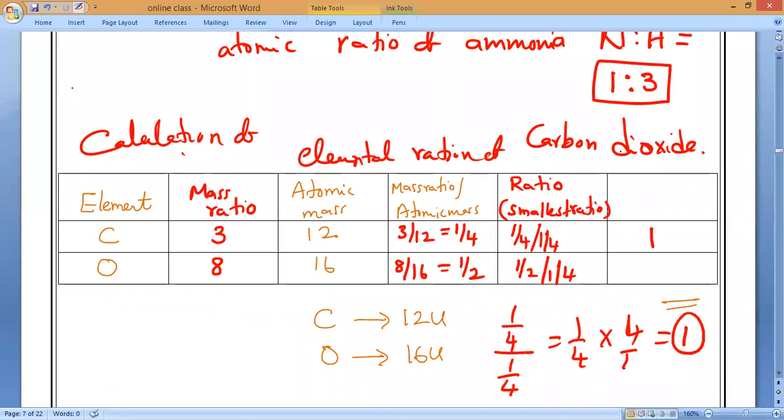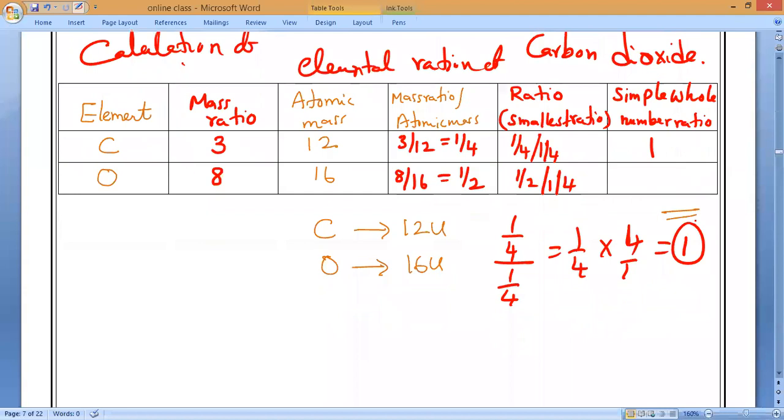So 1 will come. So the simple whole number ratio. Okay. Next, this one: 1/2 divided by 1/4.